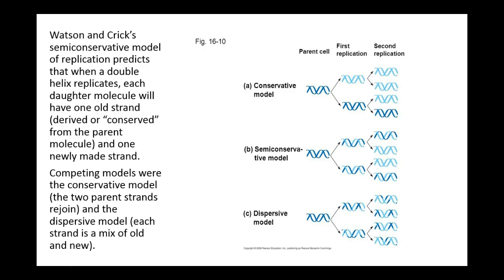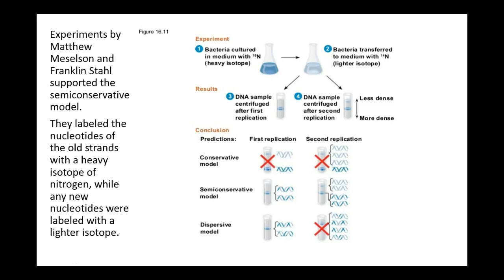The theory that won out, based on experiments by Matthew Meselson and Franklin Stahl, which I'll let you know which of these names you have to know, but mostly you just need to know the experiments, supported the semi-conservative model because they used a heavy isotope and a lighter isotope.